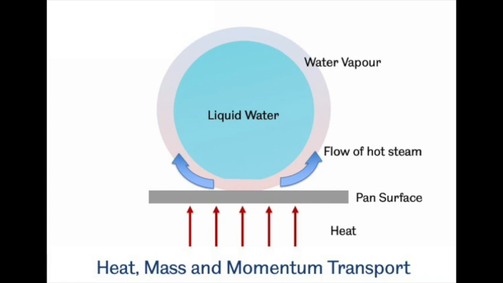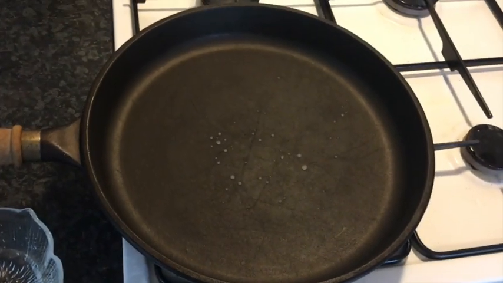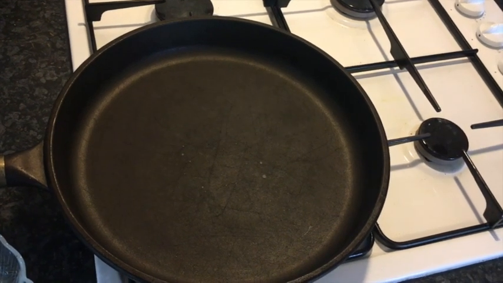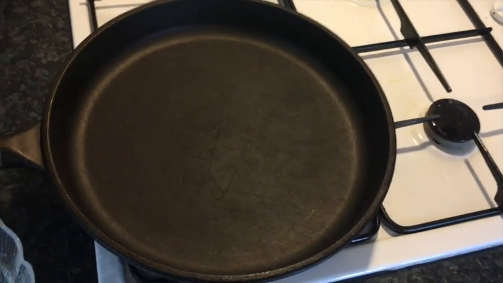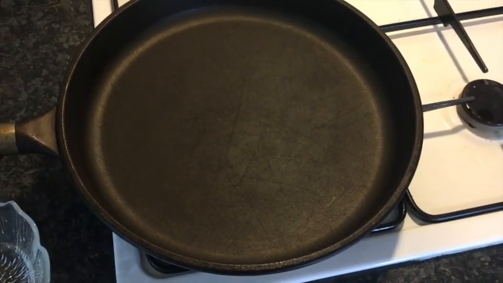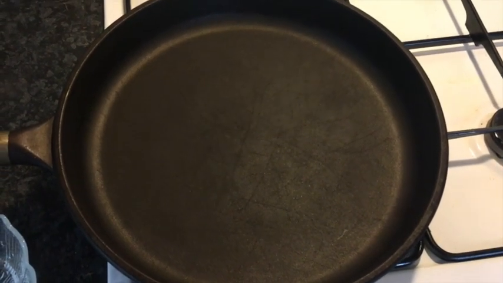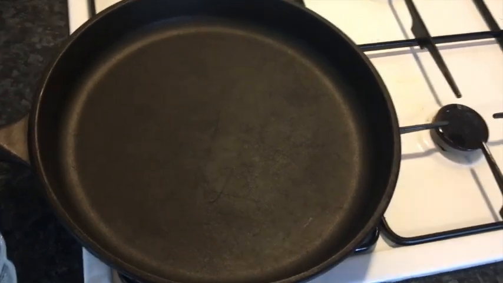The gases that are vaporizing at the very bottom of the water droplet and forming a layer of vapor underneath the water are actually then heating and flowing around the sides of the semi-spherical droplet. And when it flows around the side, that's Stokes flow. And what you see is the resulting movement of the water droplets. So that's a combination of all three transport mechanisms that we're going to study.